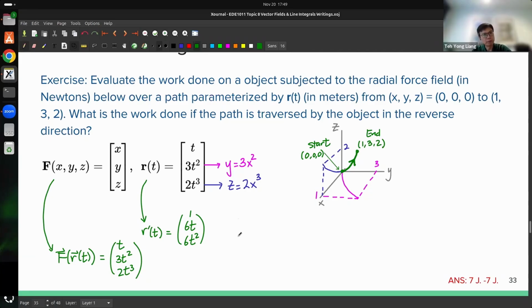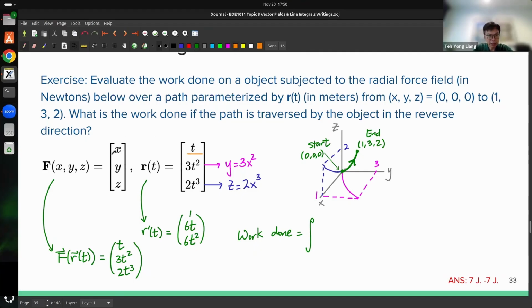So therefore, for the work done, because you have a radial force field in newtons, this guy is in newtons, then r of t is in meters. So the work done can be calculated. Work done is the integral. You can straight away write down the start and end point. The start point is 0. But what's t? t is x.